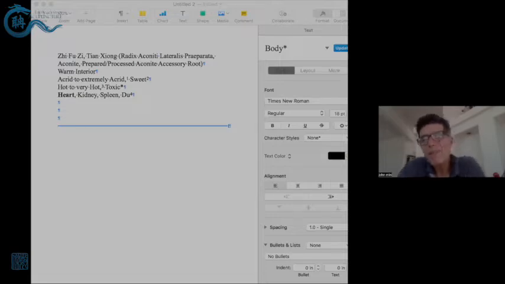Keep in mind, guys, and I think I mentioned this before, but of all the different poisonings that are happening in Chinese medicine around the globe per year, a huge number of those poisonings happen with fuzi. So unless you have a really, really good reason to use fuzi, I would say keep away from it.